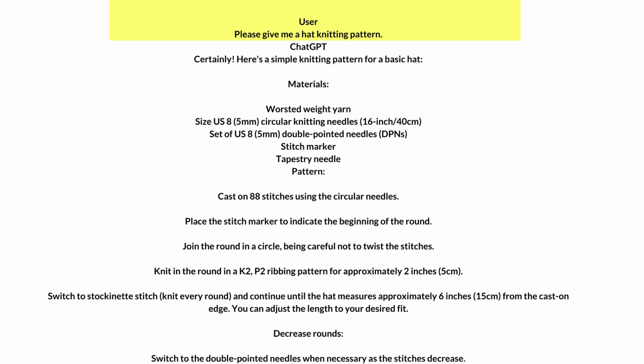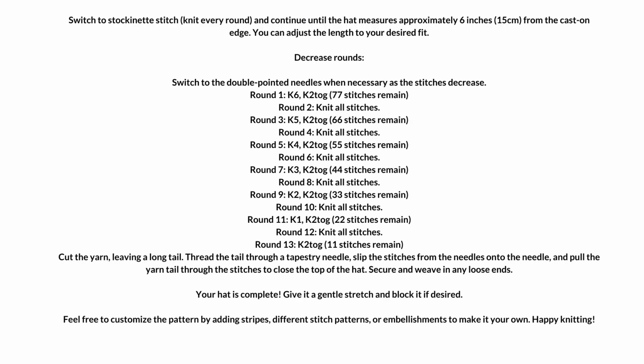And here is a decrease round. The first round is knit 6, knit 2 together, and keep repeating that. And round 2 is knit all stitches. Round 3 is knit 5, knit 2 together. So this looks like a very standard hat knitting pattern.